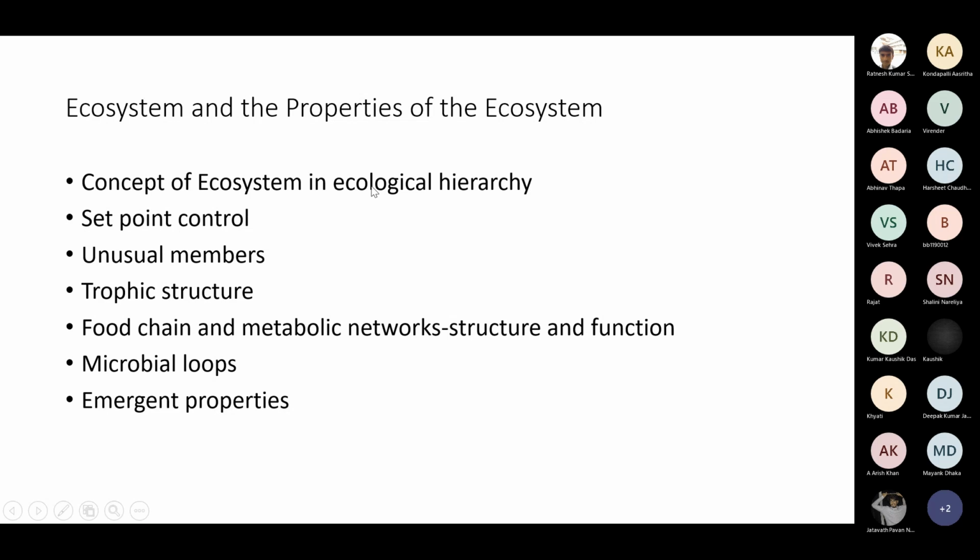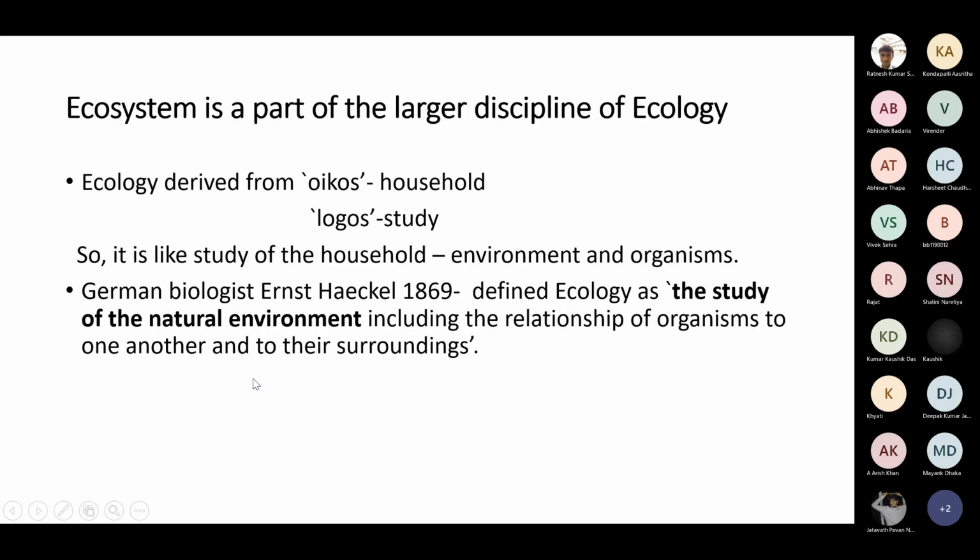So we will see it in the next slide. Then I'll also talk about the set point controls in the ecosystem, unusual members, trophic structures, food chain and metabolic networks, microbial loops, and emergent properties.